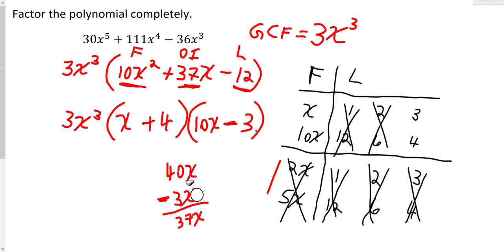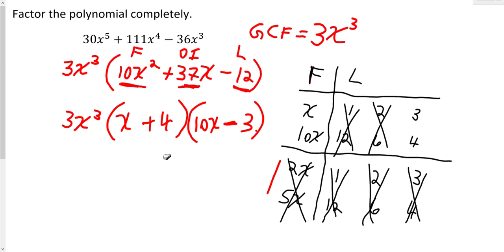And it turns out that even though I had to go through the entire list, I did find 2 factors that worked. These factors definitely work for first, because I forced them to, by only using factors of 10x squared. These factors also have to work for last. 3 times 4 is negative 12, because I forced myself to use only factors of negative 12, or 12.